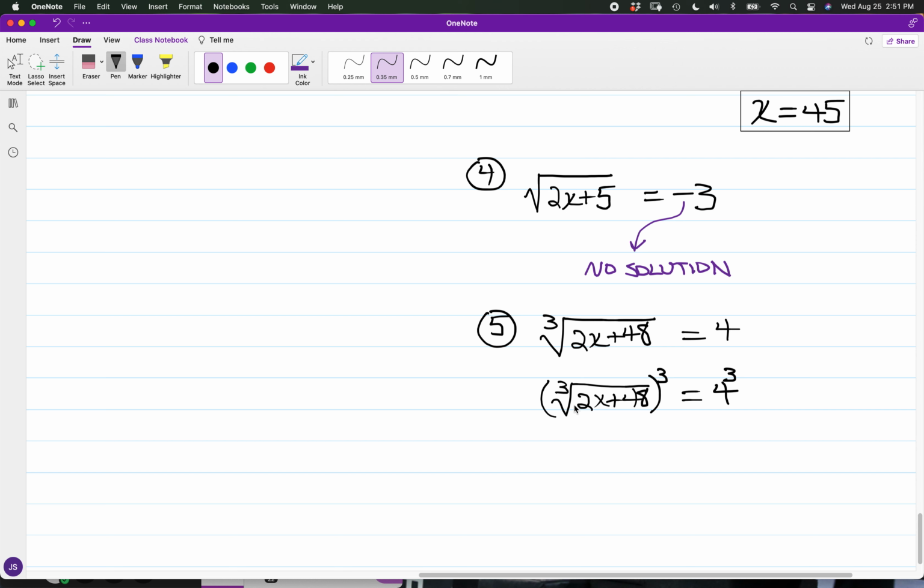So for the cubic root of 2x plus 48 to the third, that's just going to free up the radical. The exponent and the radical will eliminate each other. And for 4 to the third, 4 squared is 16, and 4 cubed is 4 times 4 times 4, so 16 times 4, which will be 64.